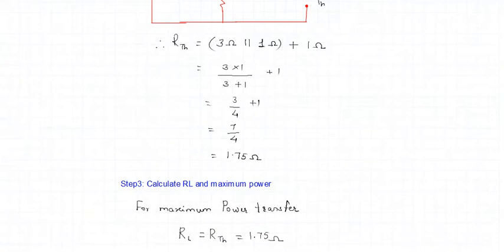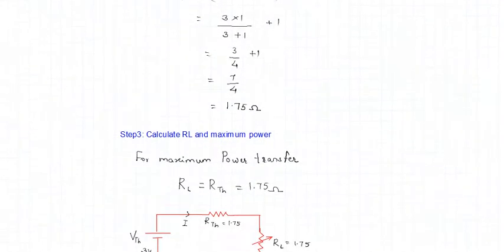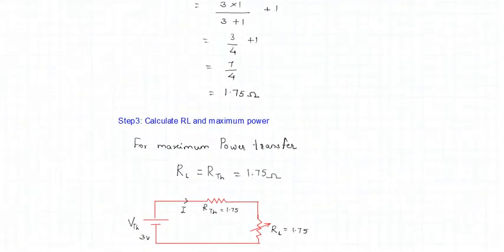What does the maximum power transfer theorem say? That for maximum power, the load resistance must be equal to the source resistance. We obtained the source resistance as 1.75 ohms. So applying maximum power transfer, we identify RL equal to RTH as 1.75 ohms.